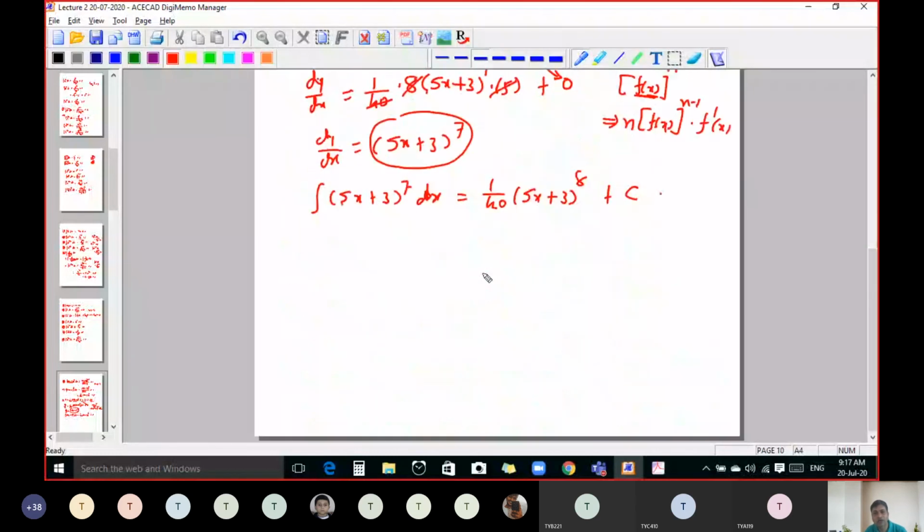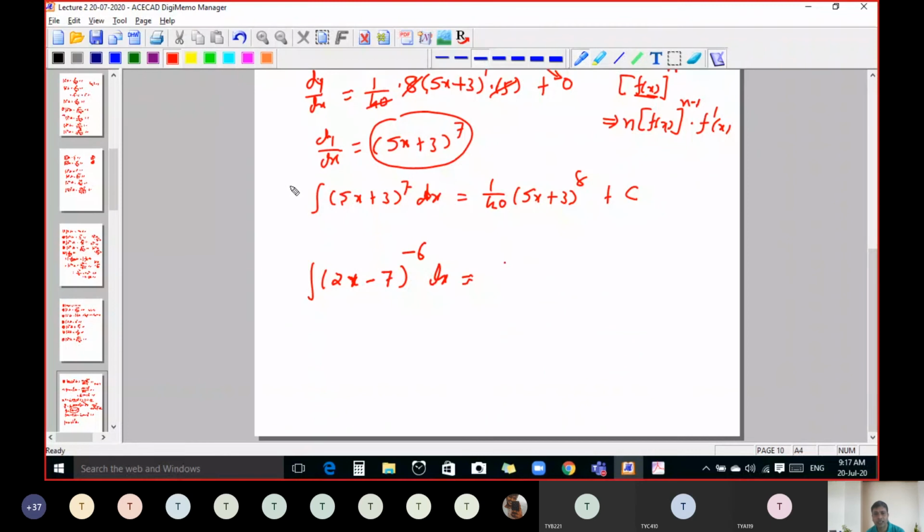Let us take one more example. Integration of (2x minus 7) whole raised to minus 6 dx.